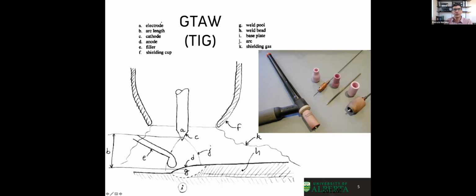So we are introducing that sometimes the weld has no filler and would be autogenous. Sometimes you would have a filler, and you put the filler with a wire. You can hold the wire with your hand, or you can have the wire unspool semi-automatically, similar to the MIG process, for example.